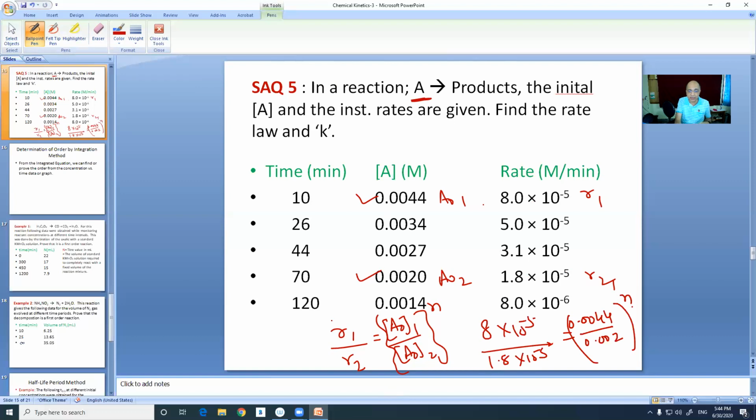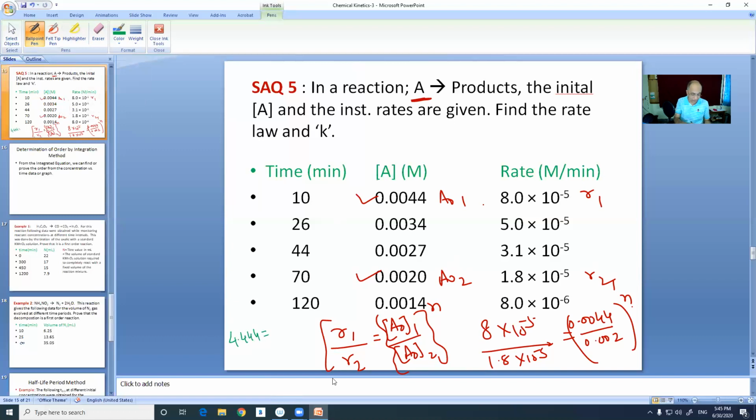Let us calculate here. I have the calculator with me. This will be 8 divided by 1.8, which is exactly 4.444 recurring.